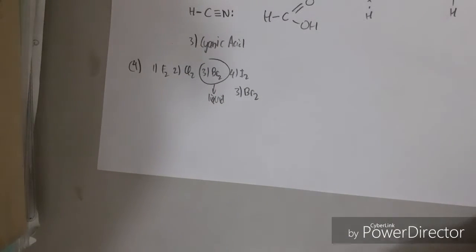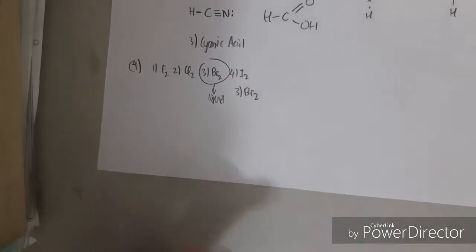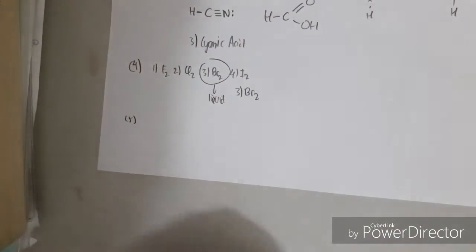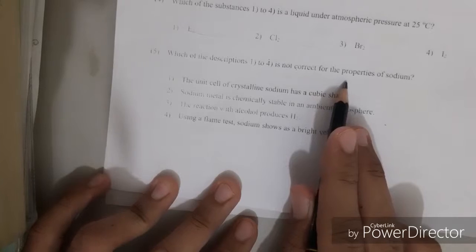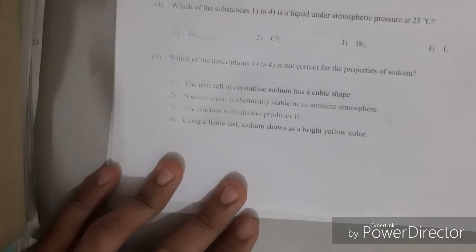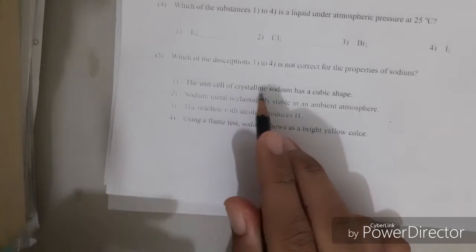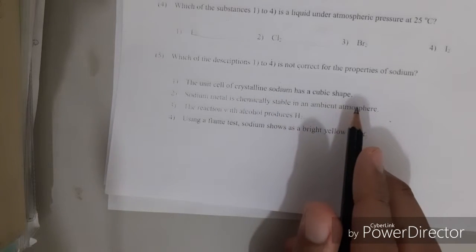Then for the 5th number, it's quite intricate. It asks which of the descriptions 1 to 4 is not correct for the properties of sodium. Okay, number 1 says the unit cell of crystalline sodium has a cubic shape.